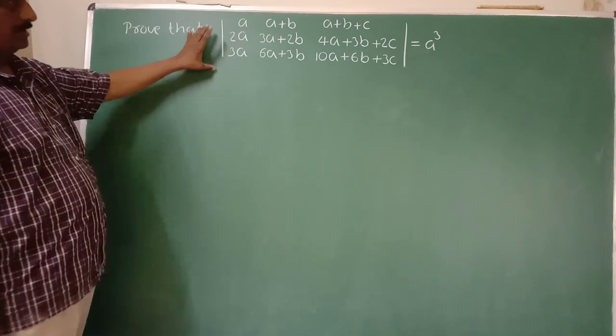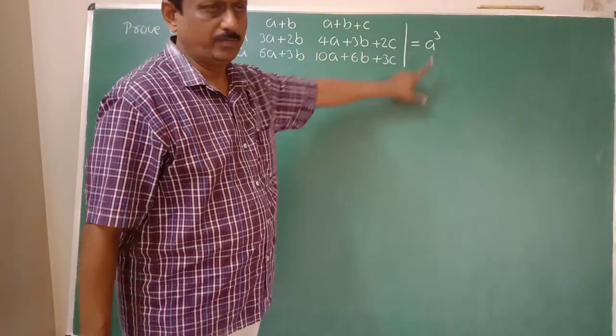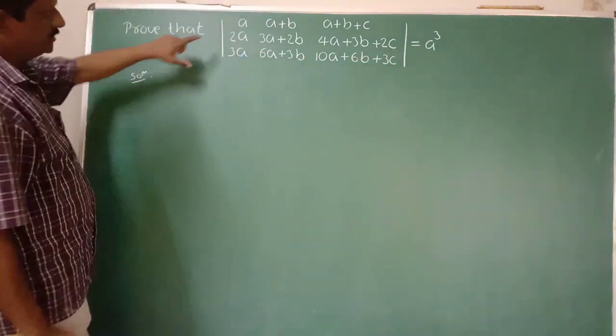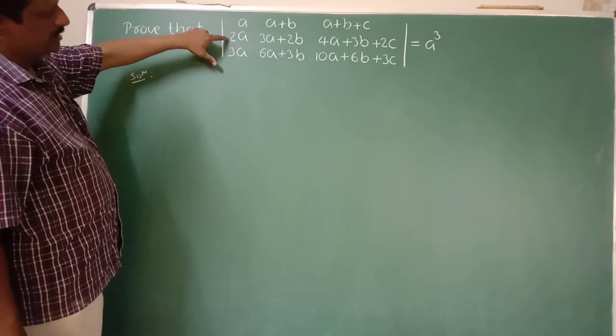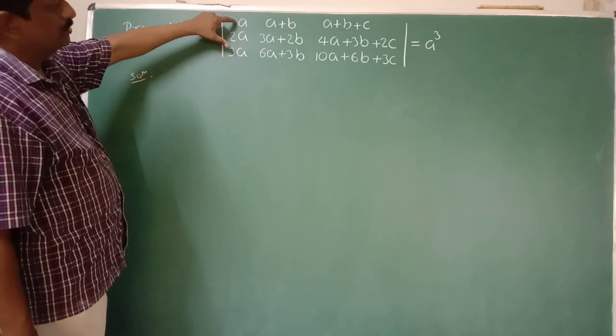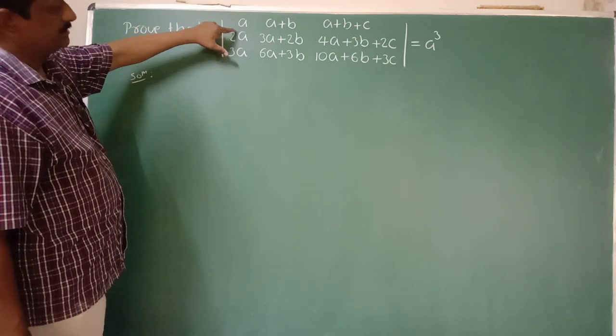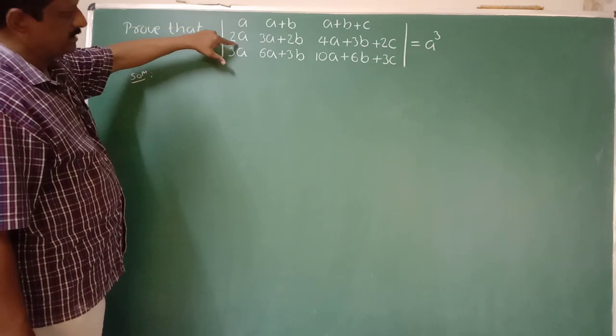Okay, here prove that the value of this determinant is a cube. So there is a 2a as well as a 3a. You can make these terms 0 using this value. Multiply by 2, then subtract, this becomes a 0. Multiply by 3, then subtract, then this term becomes a 0.